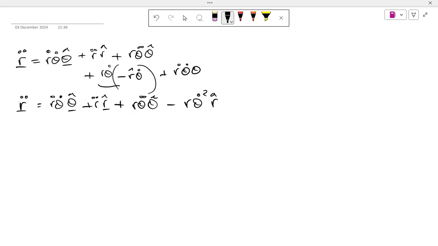So that's that little bit there, and then plus the last bit. So we've got r dot theta dot, and what is that? Is that a theta hat? I think that should be a theta hat.